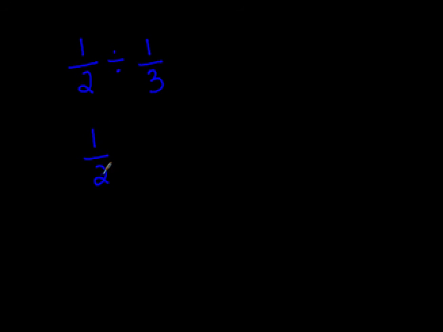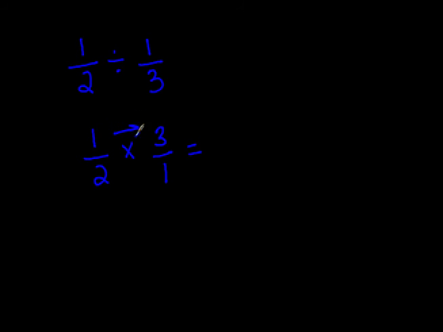We just leave that one the same. We're going to take the sign and change it to multiplication. And then we're going to flip the last fraction. Use the multiplicative inverse and write the denominator on top and the numerator on the bottom. Once we have it rewritten like this, we're just going to multiply.